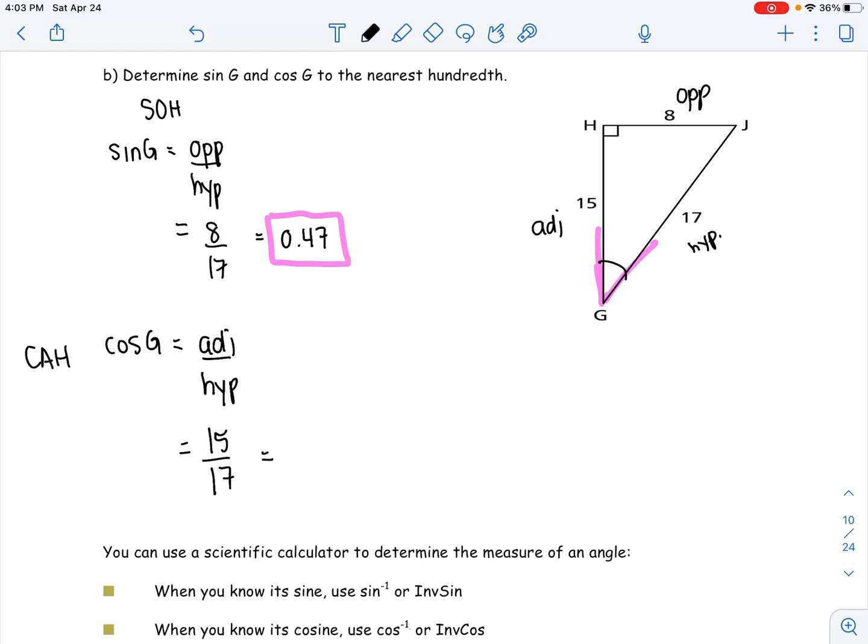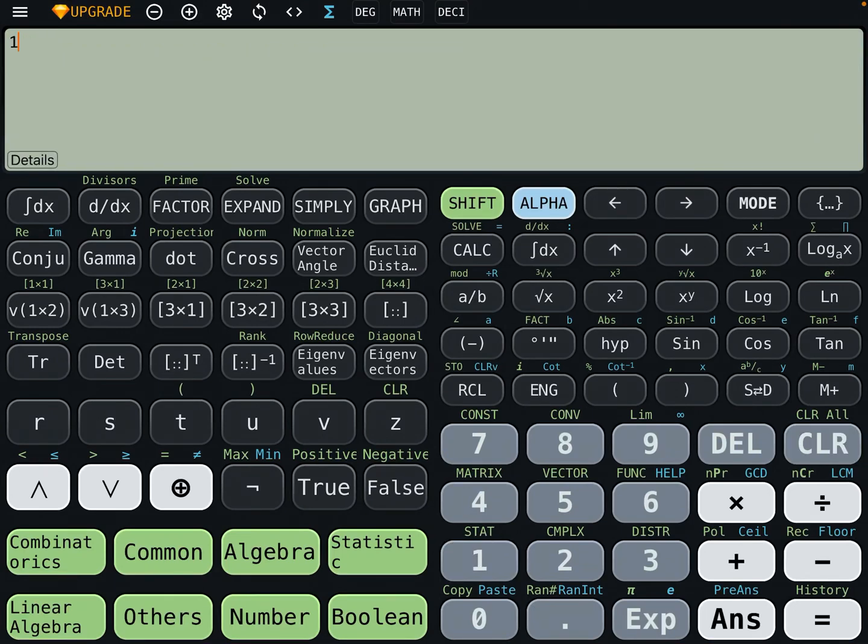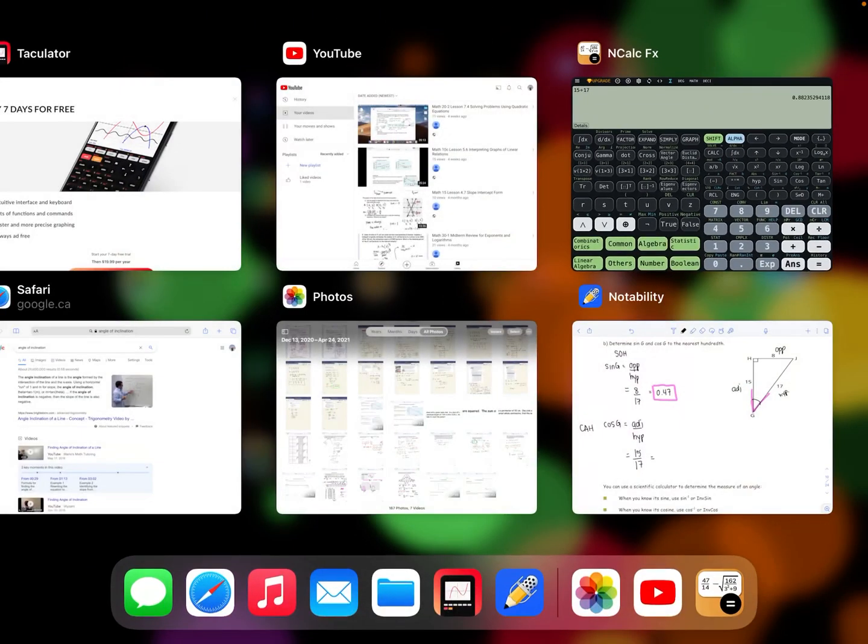We could leave it as a fraction, but they want it to the nearest hundredth, which means divide those two numbers and write it as a decimal to 2 decimal places. 15 divided by 17. I'm going to write 0.88 because the number after it is a 2, so you don't change the numbers before it. So 0.88.